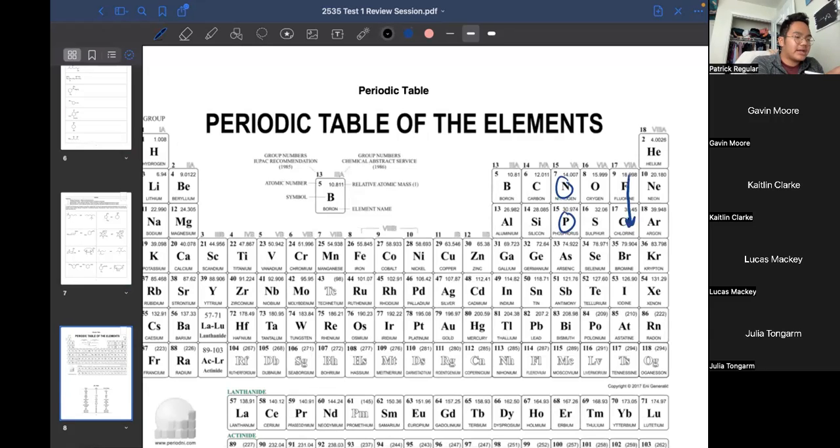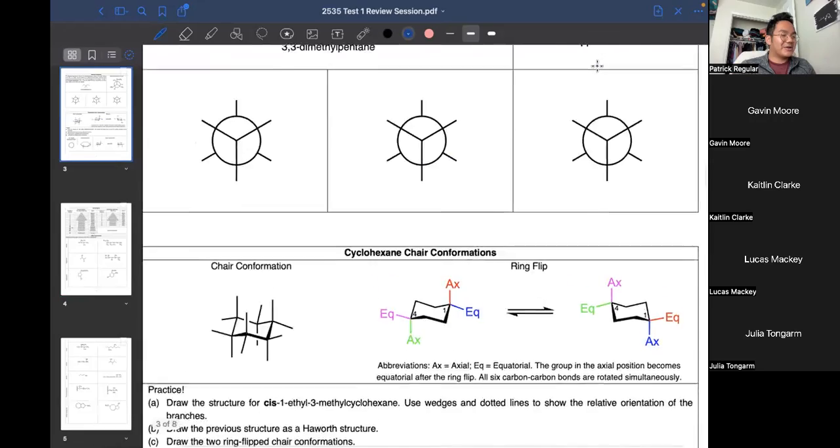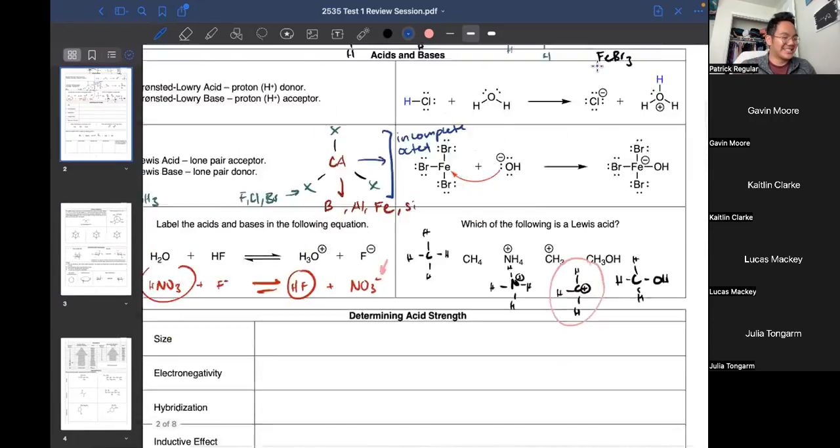Let's just pretend that those are bonded. If they're in the same group and it's asking which one is the most acidic, the one that's lower is the most acidic. So phosphorus is the most acidic. That is one of the situations where size matters.